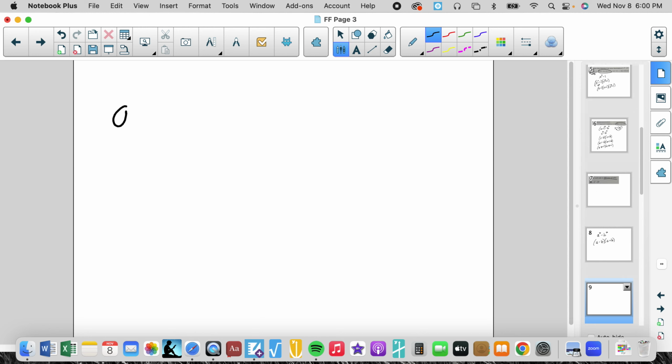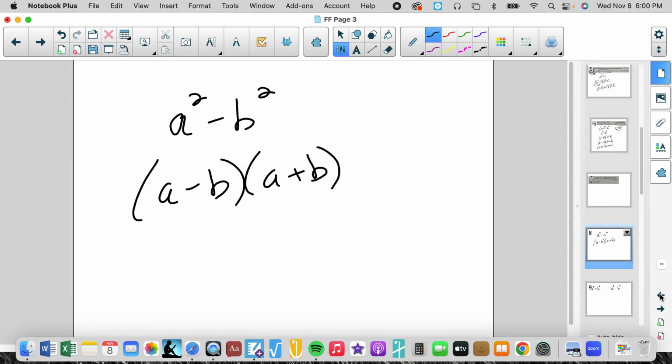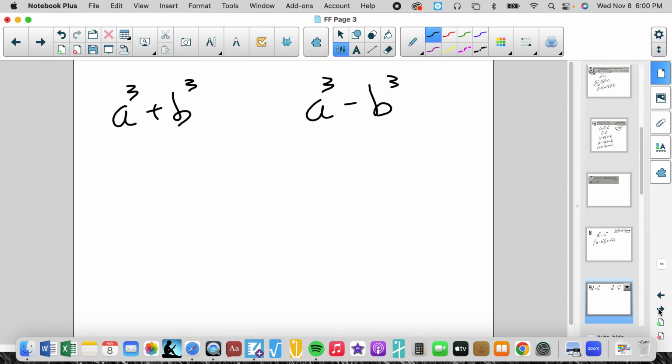So you can have a cubed plus b cubed, and you can also have the difference of cubes. Different from difference of squares, you don't have the sum of squares. So there's only the difference of squares. But with cubes, you do have the sum of cubes and the difference of cubes.